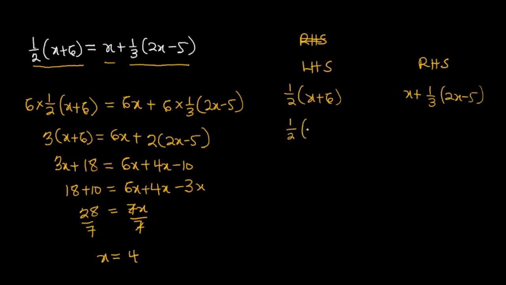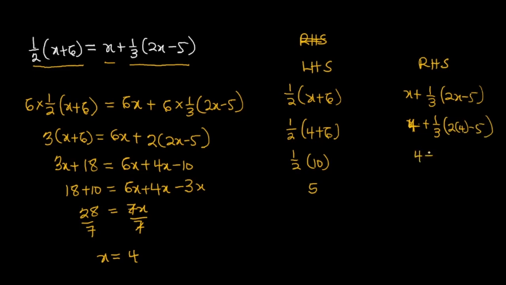So we have half of 4 plus 6, this is half multiplied by 10, and this will give us 5. Right, on the right hand side we have x, which is now 4, so we have 4 plus 1 over 3, 2 multiplied by 4 here, minus 5.